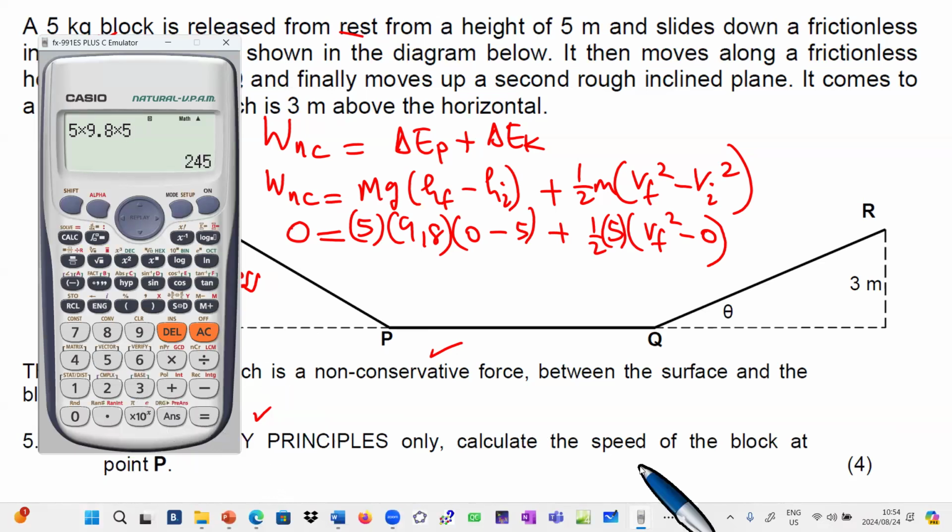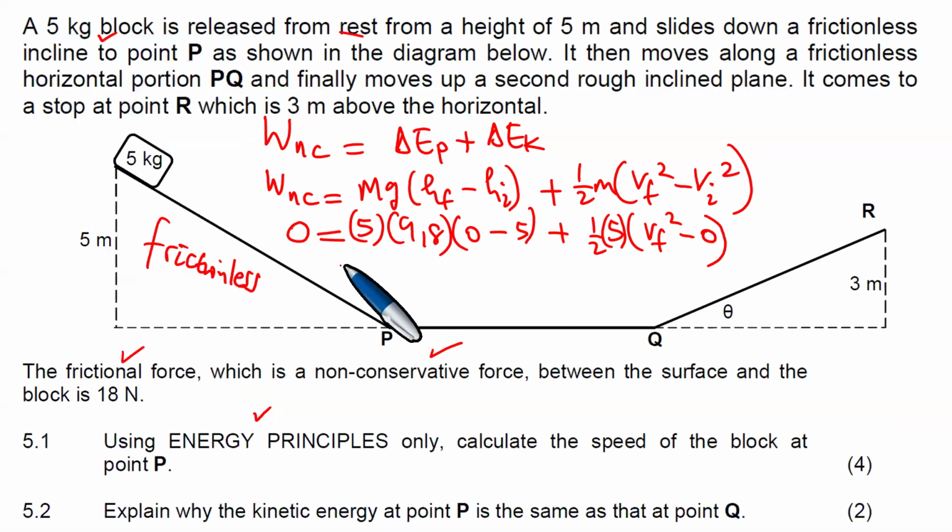That is minus 245, with the negative here. So you can write it as minus 245, and it's going to move to the other side, becoming exactly 245. And therefore now you have 5 times 1/2, which is 2.5, VF squared.